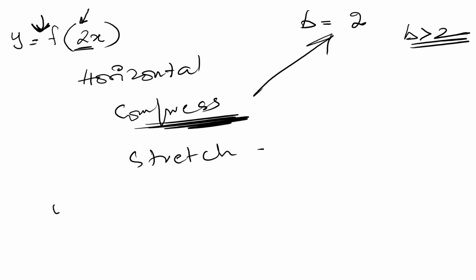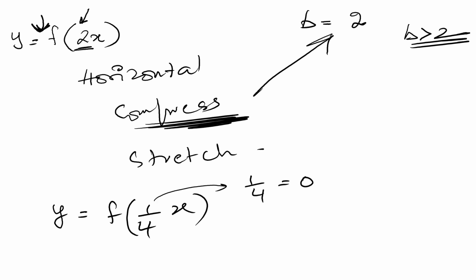But if I have y equals f of 1 over 4 x, look at the figure over here. 1 over 4 means 0.25. So my b is 0.25, which is more than 0 but less than 1.